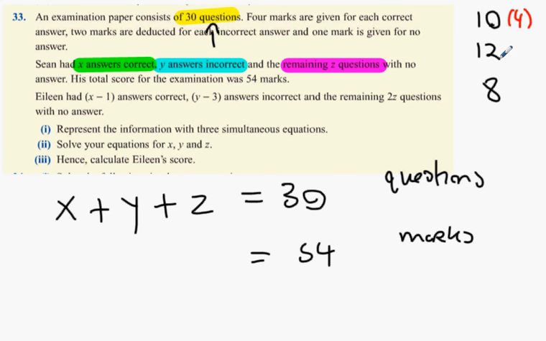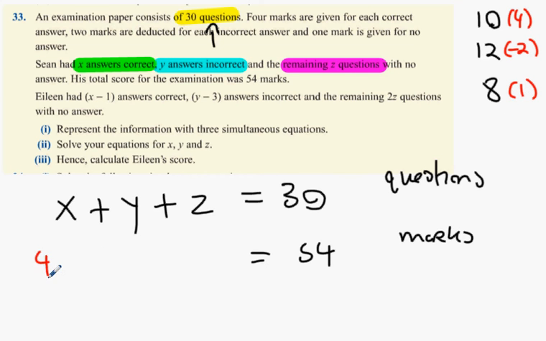How many questions did I say you answered incorrectly? 12. Take away 2 times 12. And finally, 1 mark is given for no answer, 8 times 1. So it'll be 40 minus 24 plus 8, which gives you 24. That's how you calculate your marks, okay?